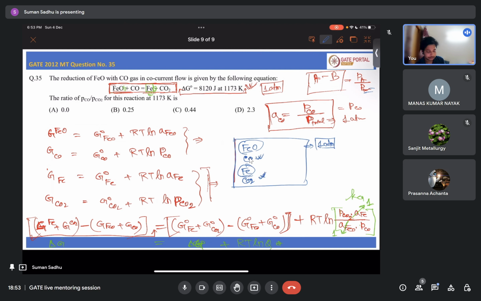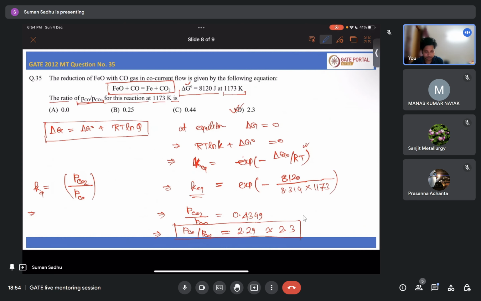So the activity ratio for gaseous phases in a heterogeneous reaction is the ratio of the partial pressure by the total pressure, and whichever product is forming in the solid form, the activity of those is considered 1, right? So simply from this equation we will get the ratio of PCO2 by PCO. Understood, right?